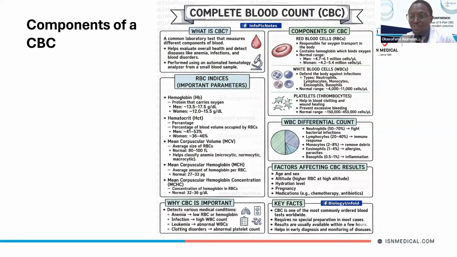Then looking at the age of the patient, if the person is a female in reproductive age, you begin to think about iron deficiency due to maybe excessive menstruation and so on. If the person is a man, quite elderly, then you begin to think about things relating to chronic blood loss, maybe from the GIT and all that.